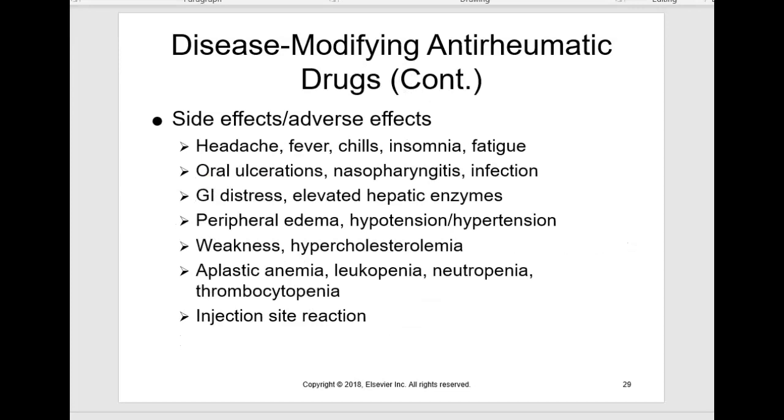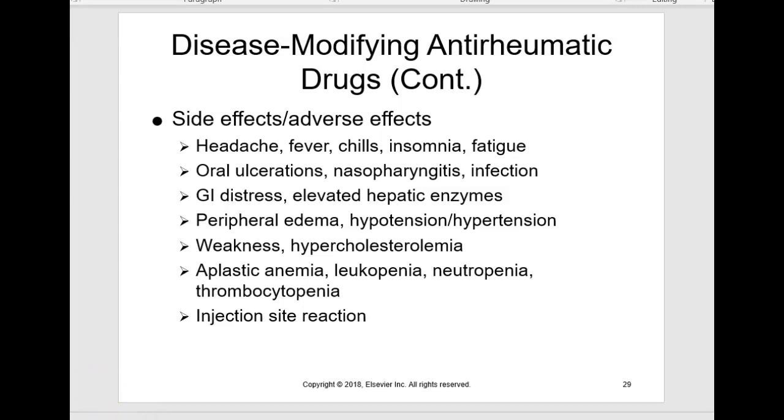So side effects from these disease-modifying antirheumatic drugs. Infection obviously would be a big one. If we're turning down a patient's immune system, that places them at increased risk for infection. Some of these medications can be pretty strong and kind of harsh, so we're going to want to watch hepatic enzymes and see what our liver's doing.